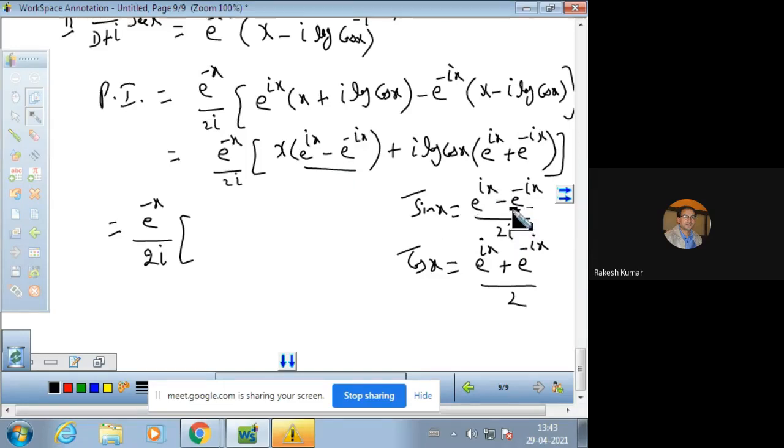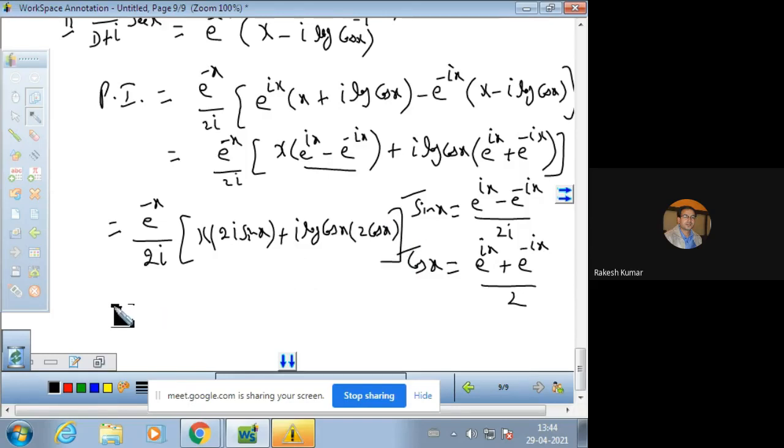So this is the numerator term. So this numerator term will be equal to 2 iota into sine x. And similarly, we can use the second formula here. And the numerator term is equal to 2 cos of x.